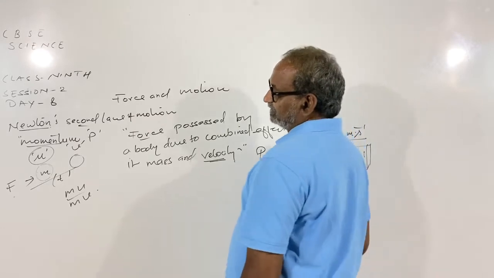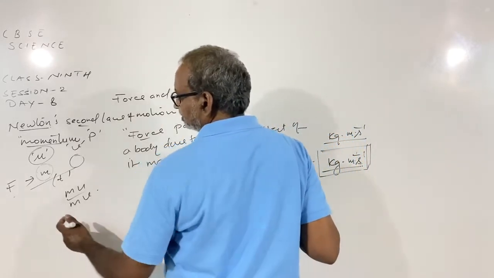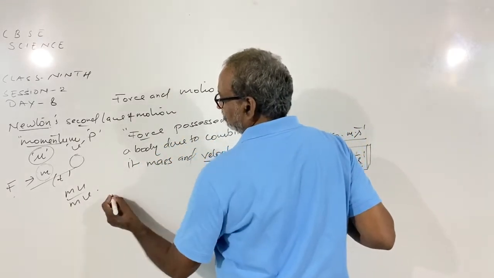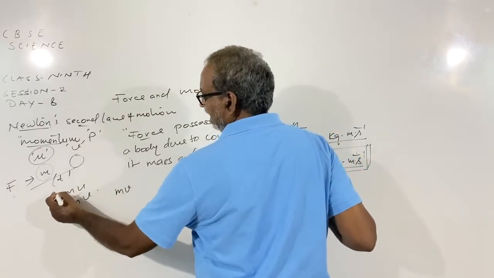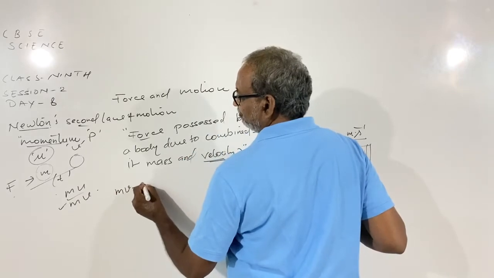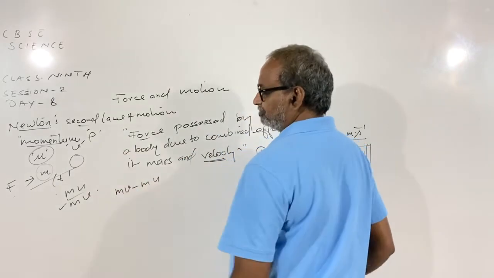What would be the change in the momentum of the body? The change in the momentum of the body obviously will be final momentum minus initial momentum, that is mv minus mu.